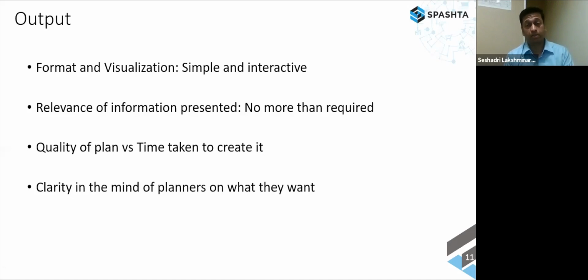This happens all the time with optimization engines. If I wait for a long time, yes, maybe it will give me a better result, but then I lose time. And on top of it, can I do interactive planning? Those are the questions that usually keep coming in.